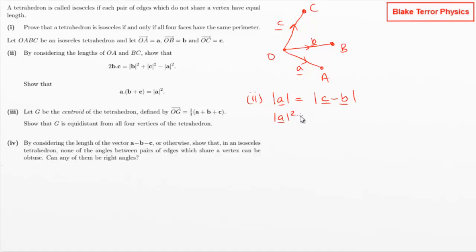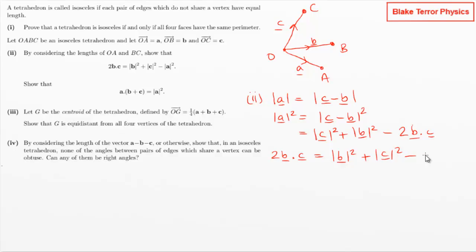So that is going to be mod c squared plus mod b squared, and then I'm going to have to take off 2 b dot c, c dot b, whatever. It just seems better to put them in alphabetical order. Is that it? That might be it, actually, mightn't it? They've just rearranged that. 2b dot c is equal to mod b squared plus mod c squared minus mod a squared. Okay, so that dropped out pretty quickly.